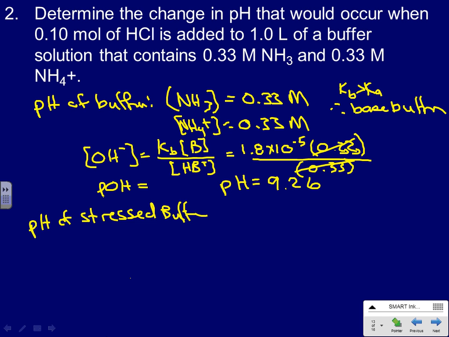Now let's stress the buffer. And you really don't need to write out that B and that A thing. You just need to think of what's being converted into what. This is a strong acid. So what's it going to convert into what? I'm adding a strong acid to this pair.